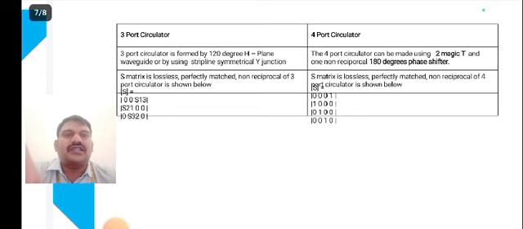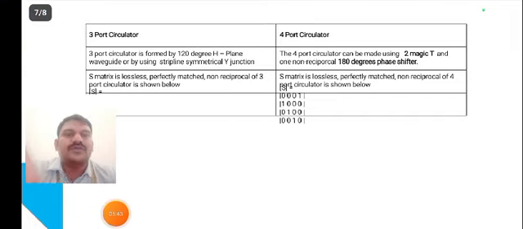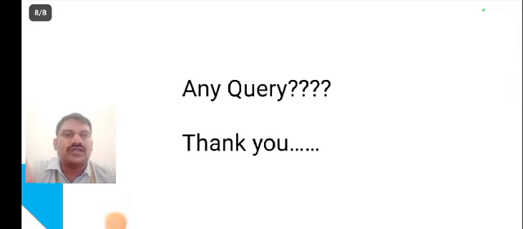The scattering matrix of a lossless, perfectly matched, non-reciprocal 3-port circulator is shown below as S equal to [0 0 1; 1 0 0; 0 1 0], whereas the S matrix for a lossless, perfectly matched and non-reciprocal 4-port circulator is shown by [0 0 0 1; 1 0 0 0; 0 1 0 0; 0 0 1 0] as represented. So this will be the difference of 3-port and 4-port circulators.